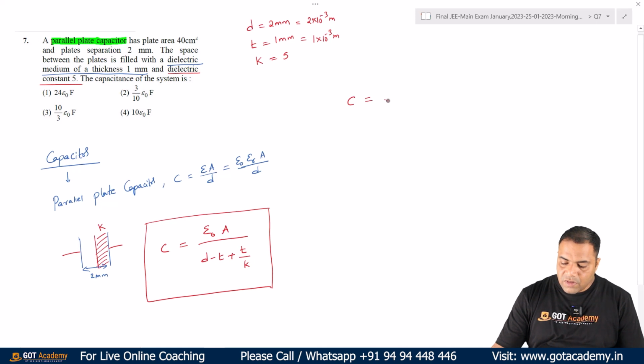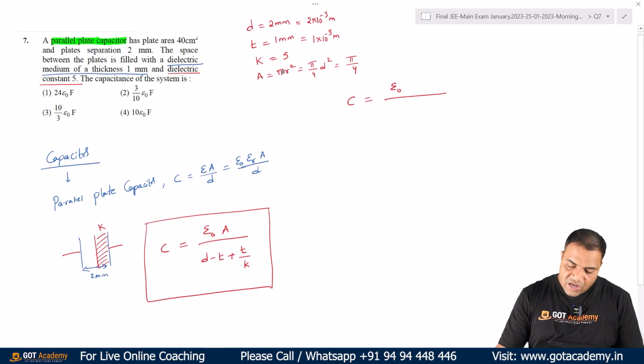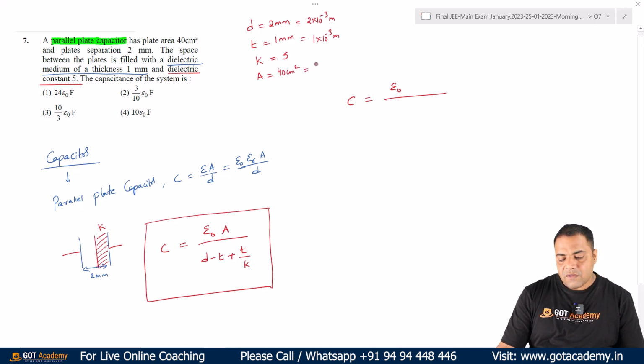C is equal to, as I told you, epsilon naught A. What about A? The formula for area is pi r square, or pi by 4 d square. But here the area is directly given, so no need of writing all these things. The area is 40 centimeter square, that is 40 into 10 to the power of minus 4 meter square.